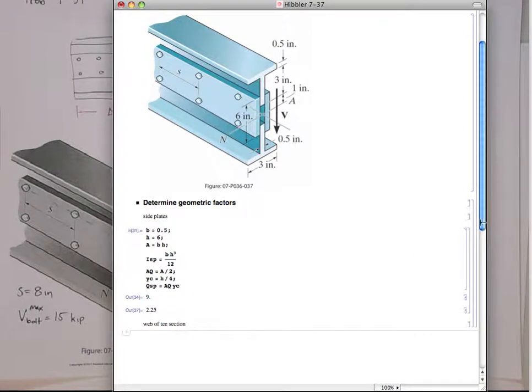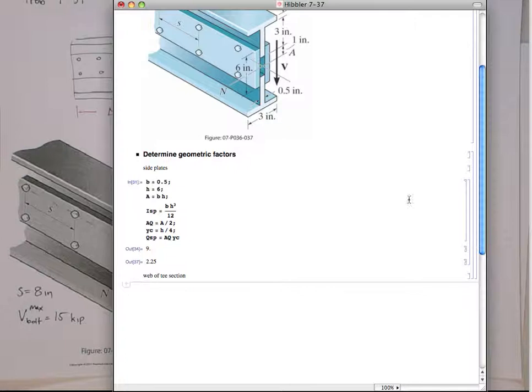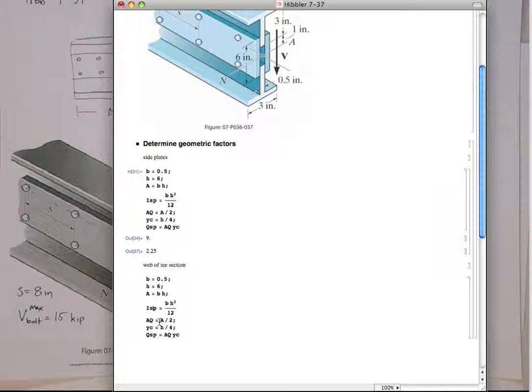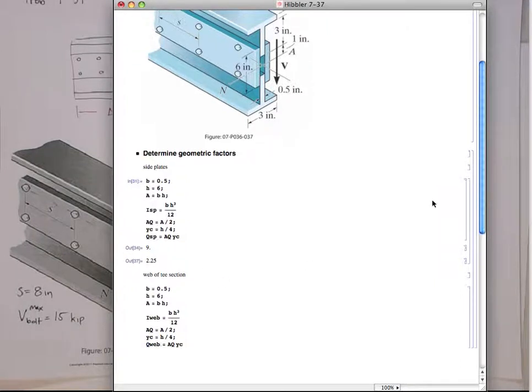Now we can do the same thing for the T section, the web of the T. So I'm just talking about this part of the T. I can actually cut a lot of this stuff. Cut and paste. This won't be the side plate. Now we're looking at the web. It's okay to write over base and height. The base is still a ½ inch, but the height now is 3. The I of the web is still the same.